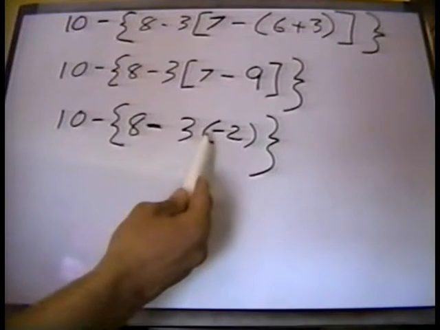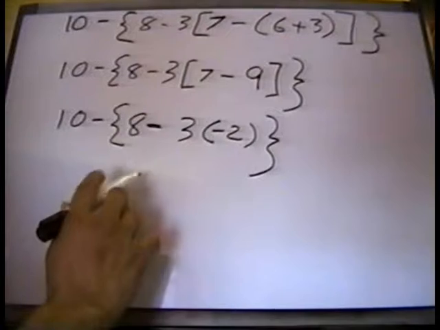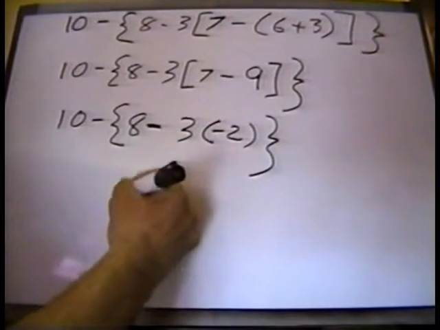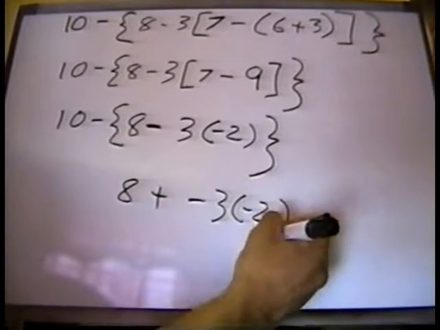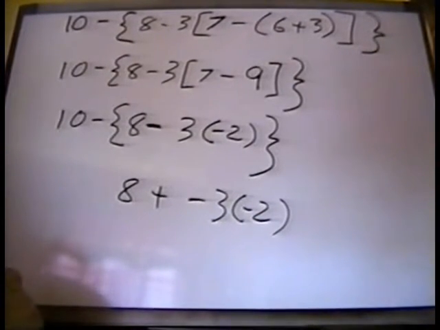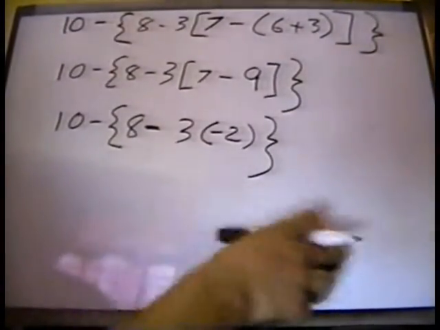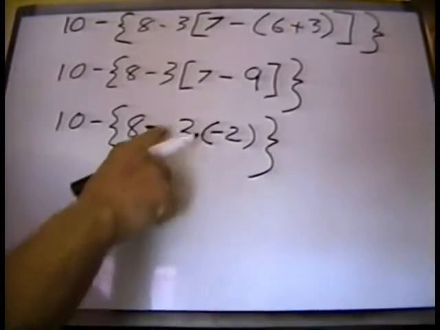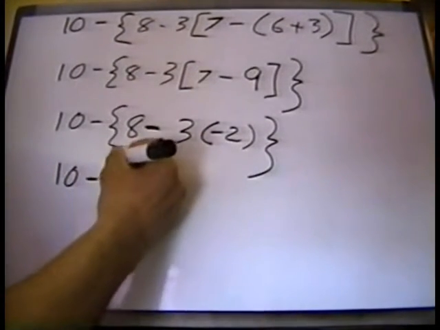Now, you can say -3 by -2, but you would have to change that into 8 plus -3 by -2. But I suggest you don't, because you didn't write it like that in the first place. So, just multiply a +3 by -2, which is what it looks like.